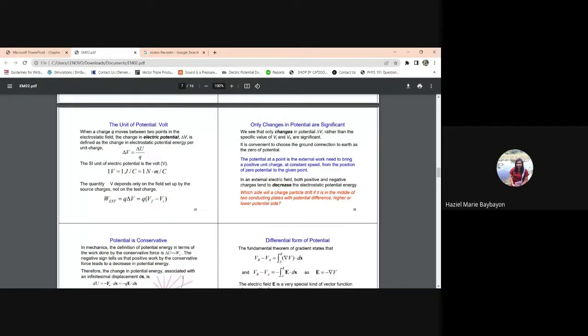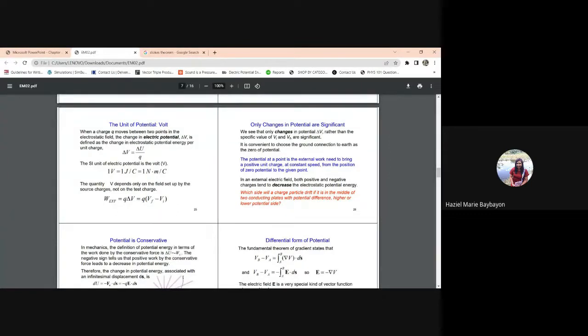Okay, so the battery supplies energy sa imong system, sa imong circuit. And at the ends of the battery naay potential. Okay, and then for example a 9 volts nga battery, that is actually the potential difference between the terminals of your battery.